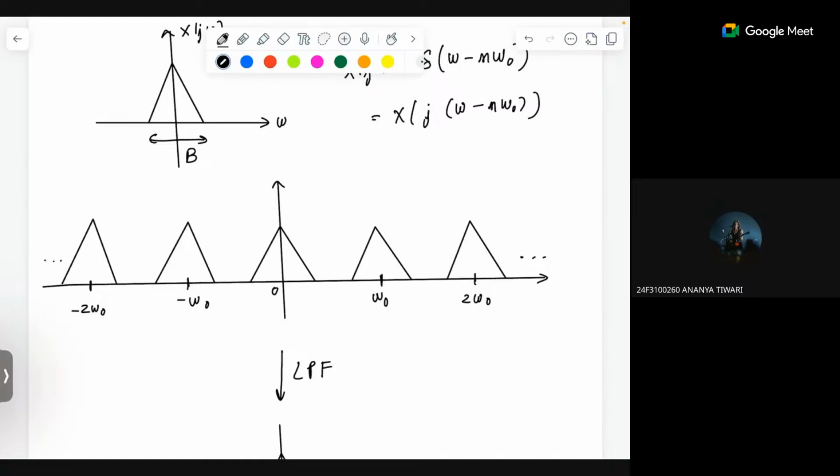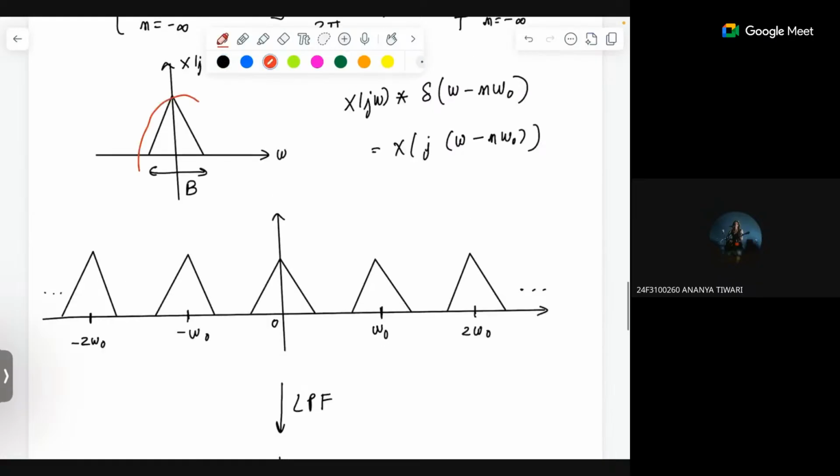But if B is greater than ω0, then we will have some overlap. So let us see that by taking some numbers.